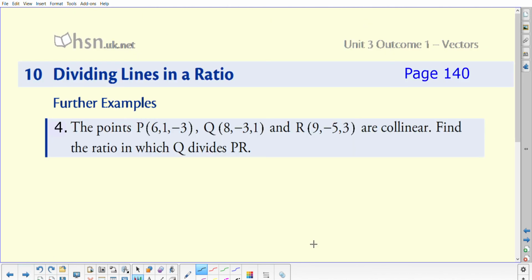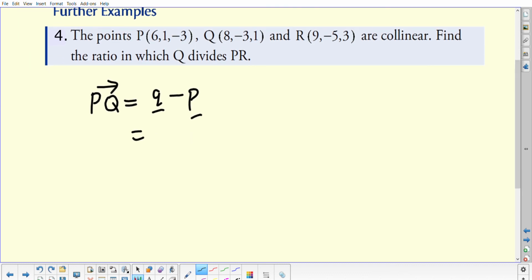And then one last example, same sort of thing. You're being told that the points are collinear and you're asked to find the ratio in which Q divides PR. So you've seen how to do this sort of thing before, so we would work out P to Q, so we would have Q minus P, so that's just normal result.